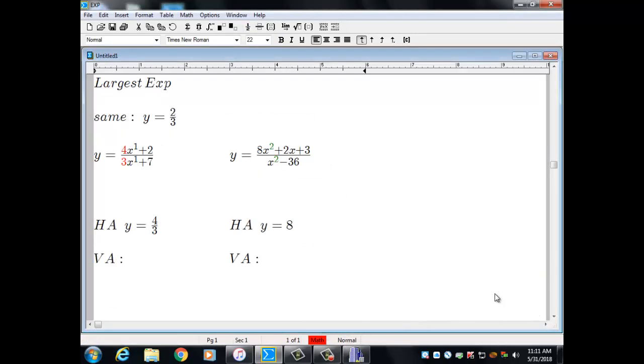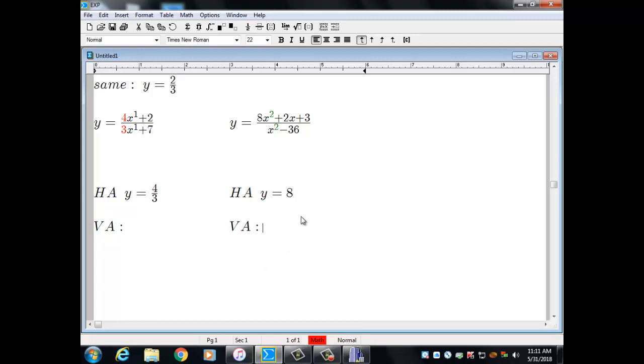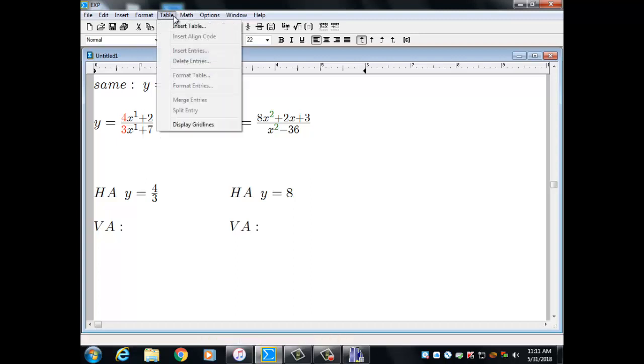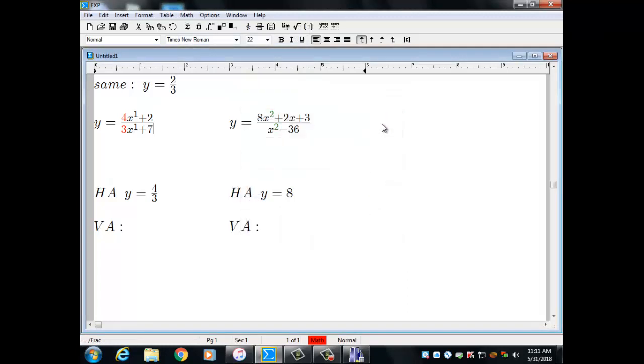As we move our discussion into vertical asymptotes, you'll find the vertical asymptote by setting the bottom piece equal to 0. All right, that's how you'll find the vertical asymptote.